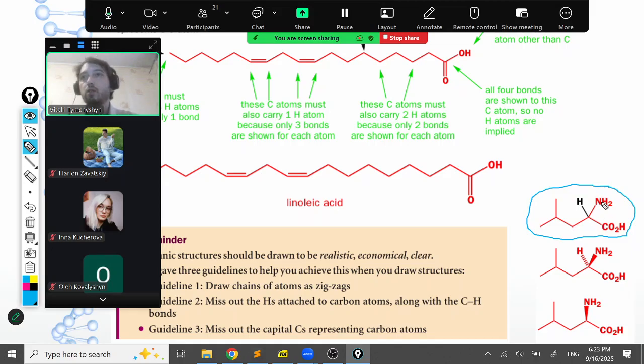So you want to show how this hydrogen and this amino group are situated in 3D space. In this case, you may use this sort of notation. So this bond means that this NH2 comes out of the plane towards us. So if I have a plane of paper, so here is the plane.